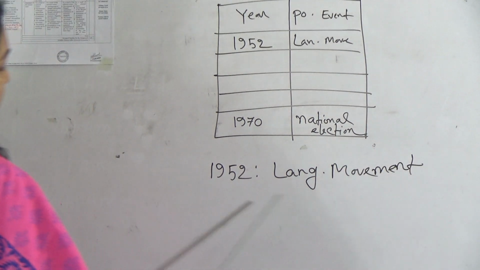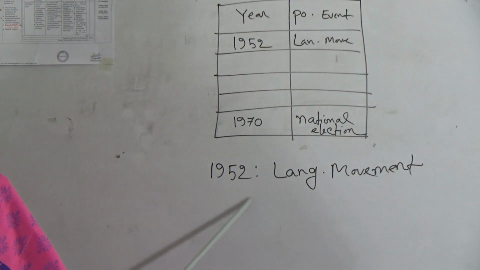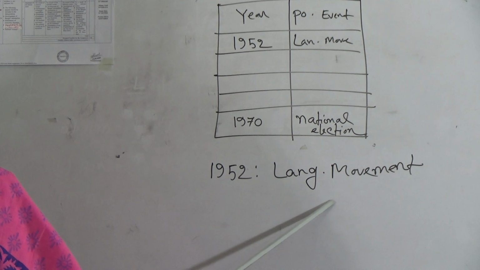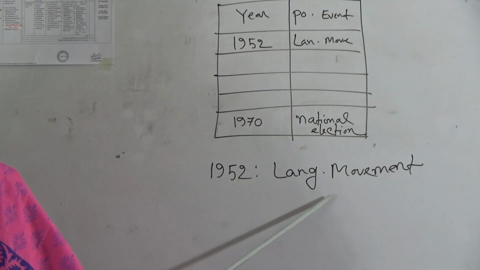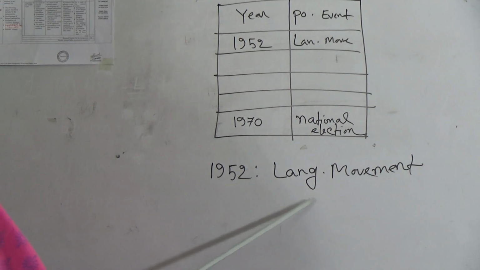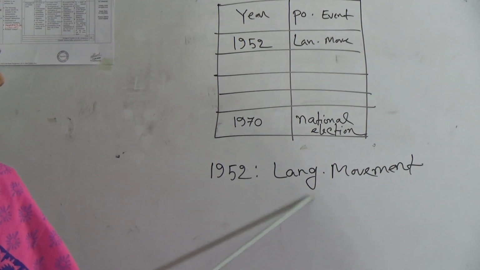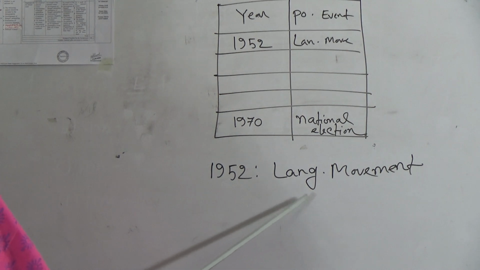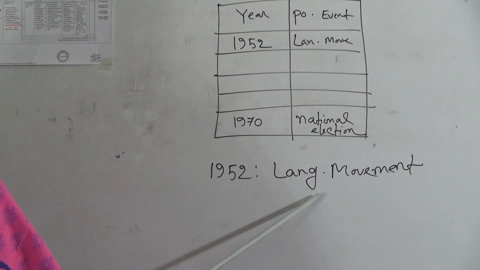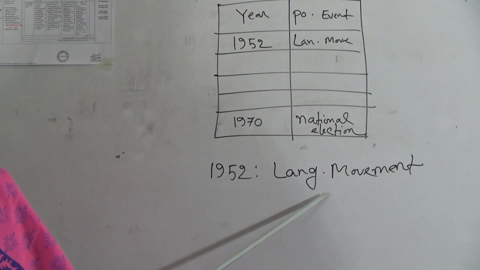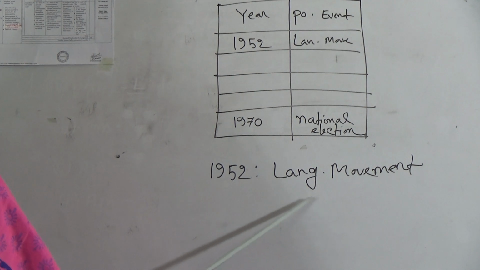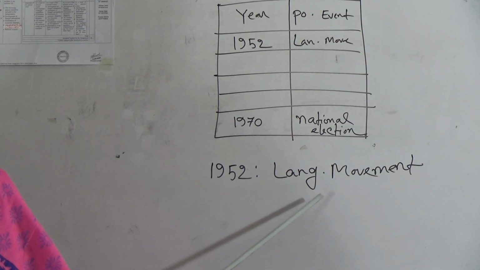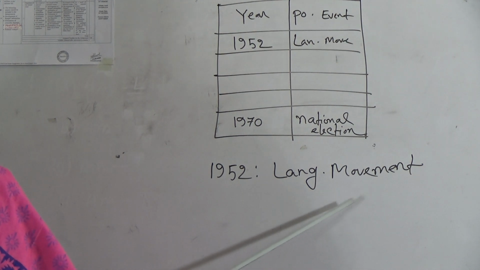So at first we know that in 1947 India and Pakistan became two independent countries under the Indian Independence Act. And after that, linguistic problems arose from the beginning of Pakistan, and the Pakistani rulers wanted Urdu to be the state language of the whole of Pakistan.